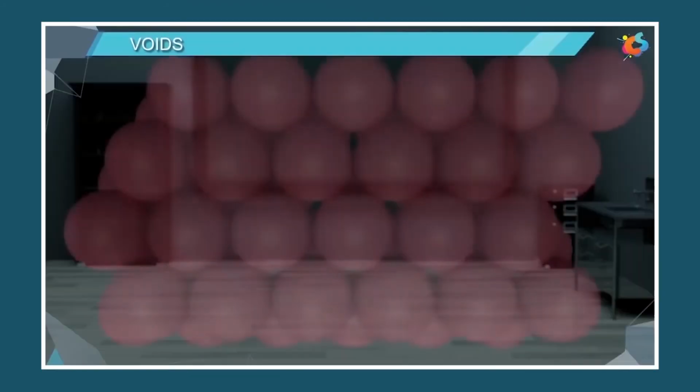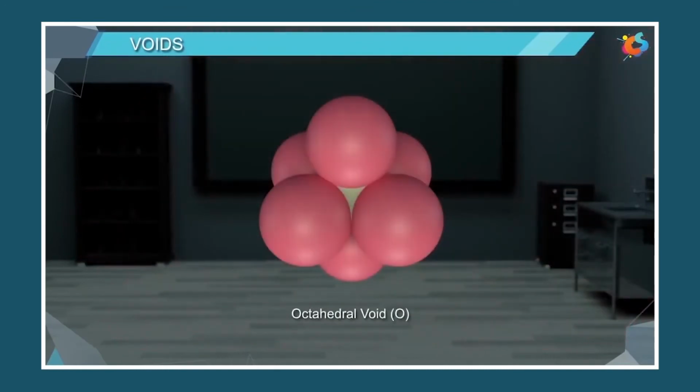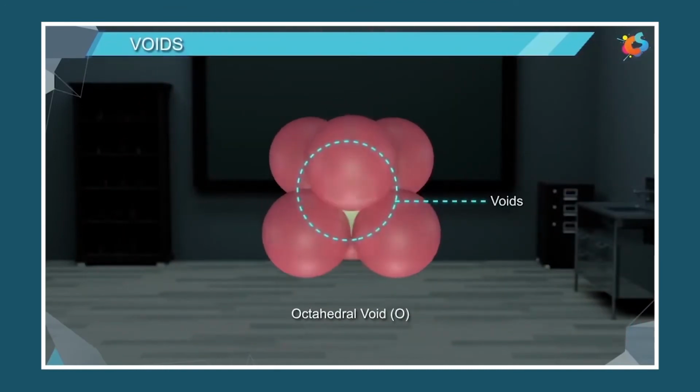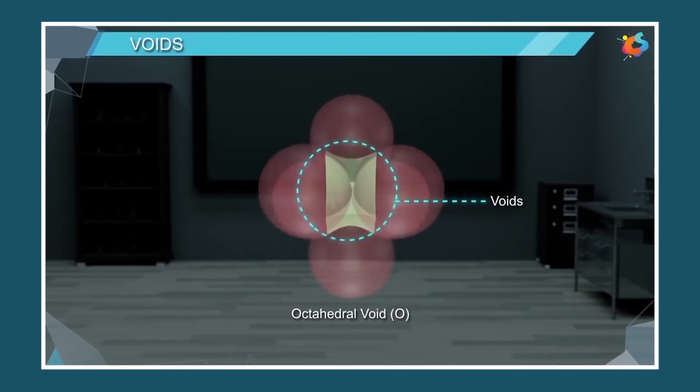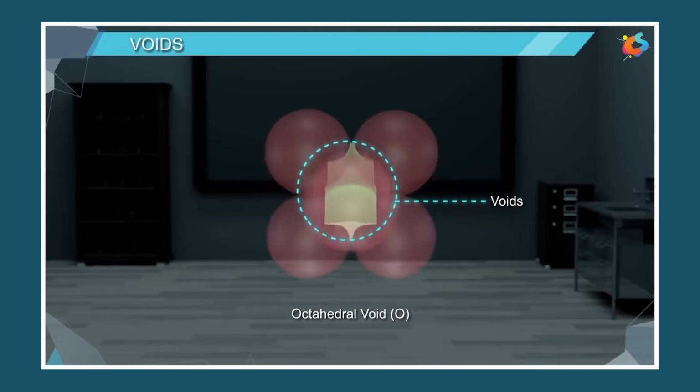While at the other places we will notice that the triangular void of the first layer coincides with the triangular void of the second layer, such that their triangular shapes do not overlap. At such places, another type of void is formed. This type of void is known as octahedral void, O.